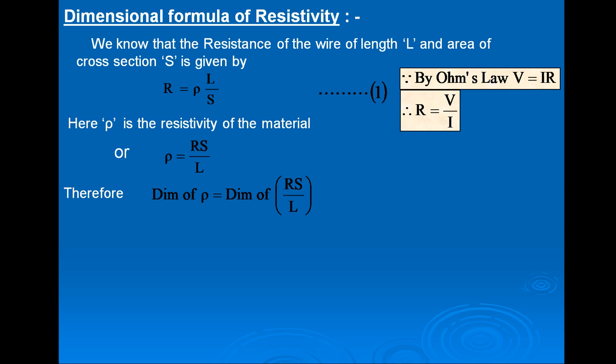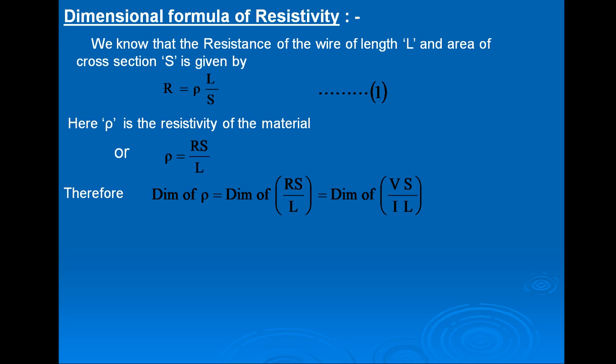Therefore, dimension of ρ is equal to dimensions of V/I into S/L, putting the value of R. Now because potential difference V is equal to work upon charge, W/Q, therefore dimension of ρ is equal to dimension of W/Q into S/(I L), putting the value of V.